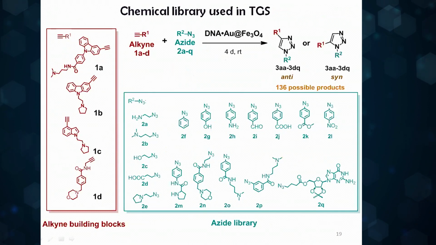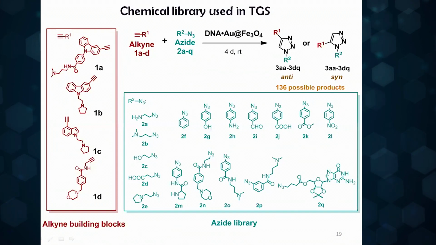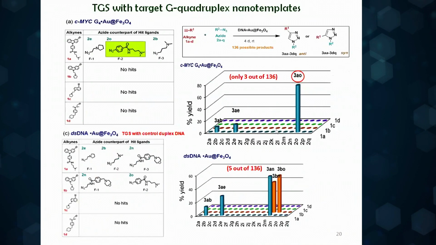Each of the alkyne fragments was separately incubated with the azide templates, and the reaction was monitored by HPLC and mass spectrometry. In the presence of the c-MYC quadruplex nanotemplate, only 3 compounds out of 136 possible products were obtained.